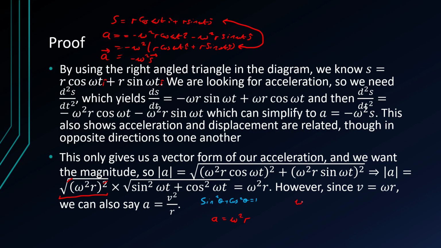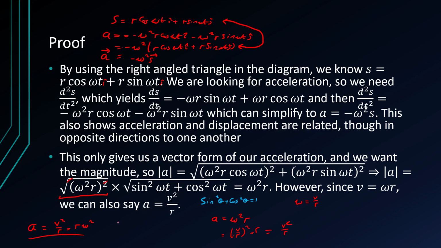So if we write that as omega is v over r, we get v over r squared times r, which is v squared over r. So a is v squared over r, which equals, and I'll write it as, r omega squared. So that's our centripetal acceleration derived.